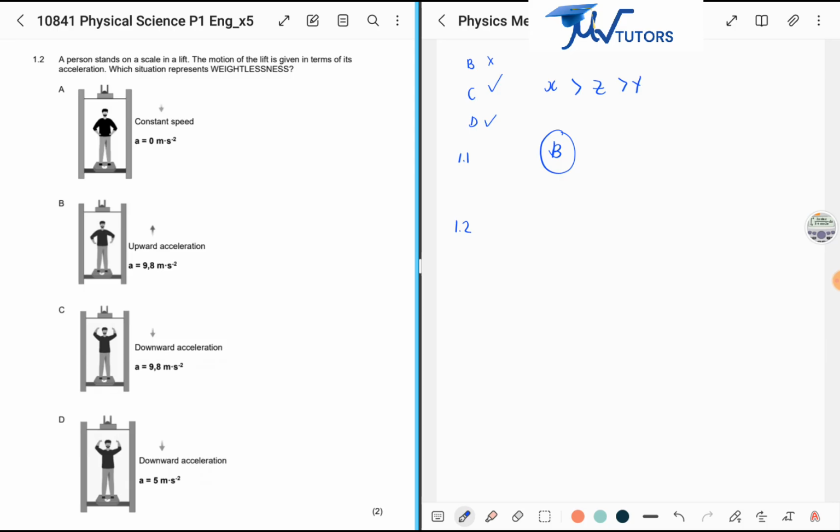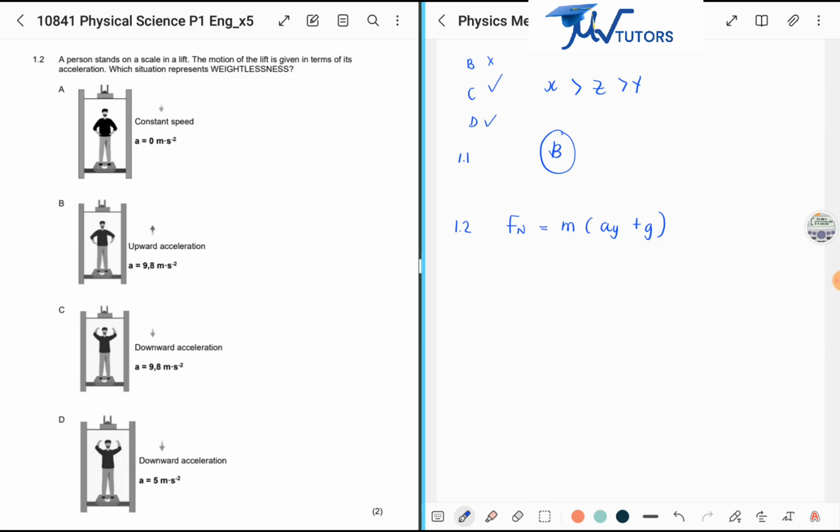The motion of the lift is given in terms of its acceleration. Remember, whenever we're looking at lift or elevator problems, we have one general equation: the normal force is equal to the mass times acceleration plus gravitational acceleration. That's the formula we're going to use.